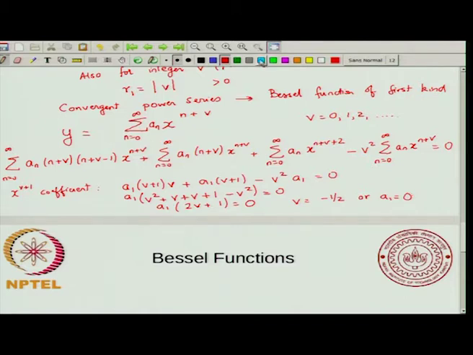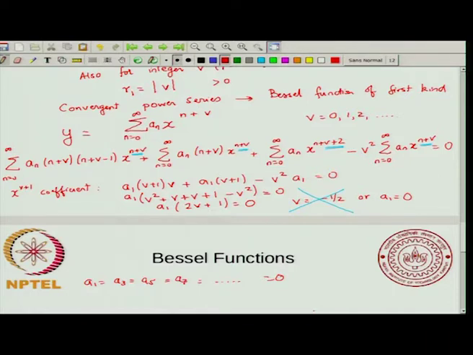Now, if a1 equals 0, notice that here you have n plus v plus 2, and everything else is n plus v. That means a1 equals a3 equals a5 equals a7 equals 0. That is a condition.